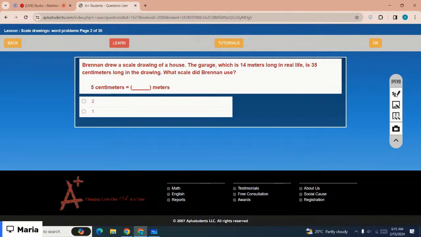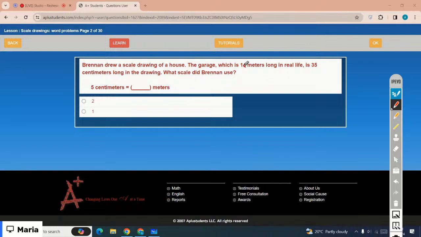Okay, in real life it is 14 meters long, and in the drawing it is 35 centimeters, right?